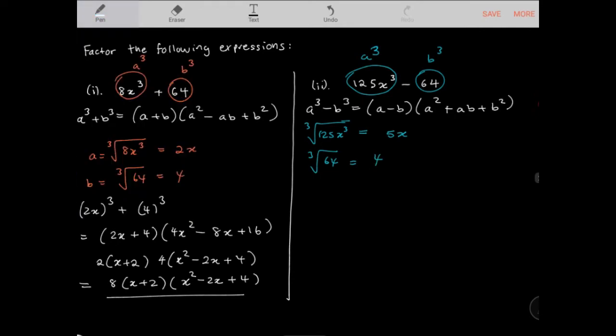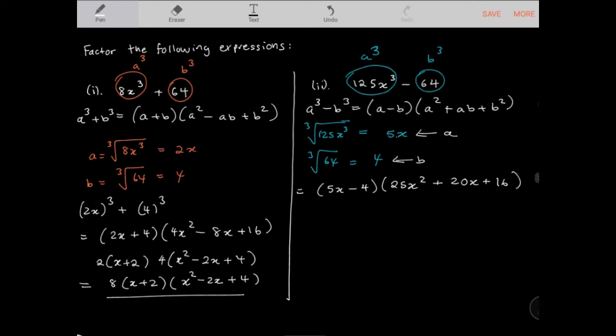When I use this template, I get a minus b, which is 5x minus 4, times a squared, which is basically 5x squared, so 25x squared, plus ab, which is 5x times 4, so that's 20x, plus b squared, which is 4 squared, so that's plus 16.